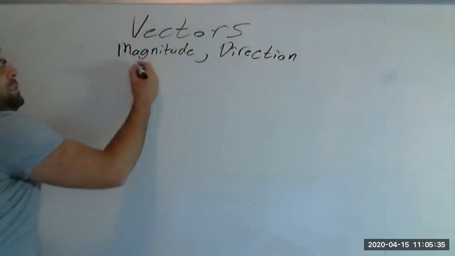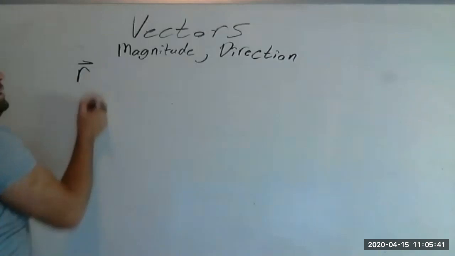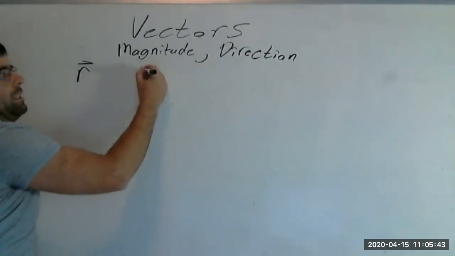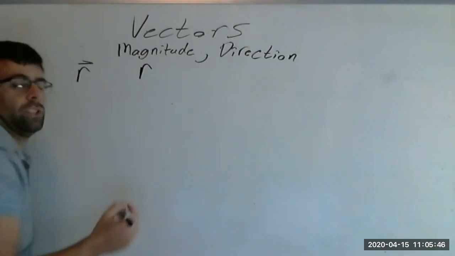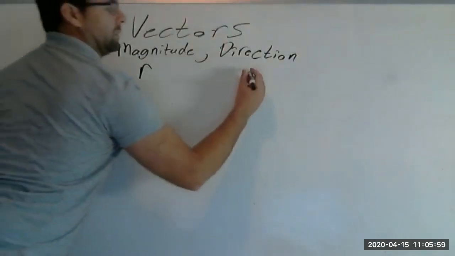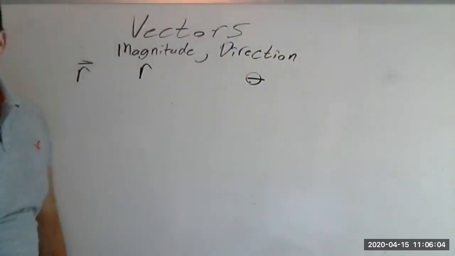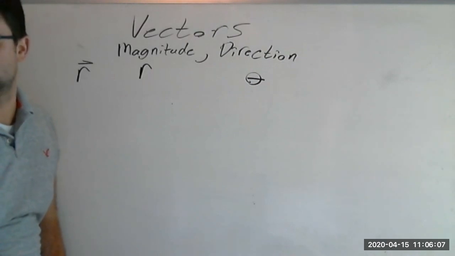And if we have a vector, we'll call it R, magnitude, I just write as the letter R, and the direction is theta. All right. So this is where we kind of started.